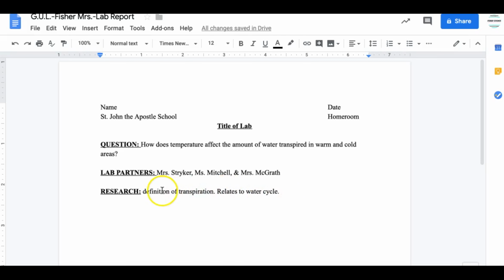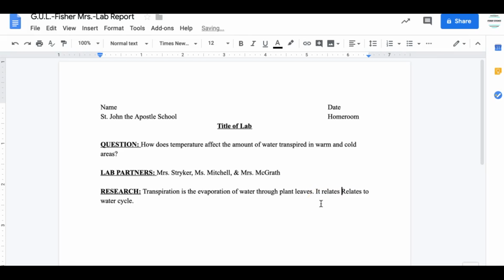As I'm starting to think about that information, I can write some notes. And now I can go back and say, okay, well, what is the definition of transpiration? Transpiration is the evaporation of water through plant leaves. Now I can get rid of that little note, definition of transpiration.